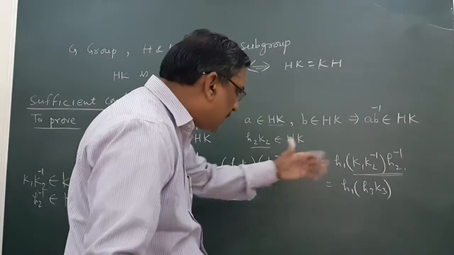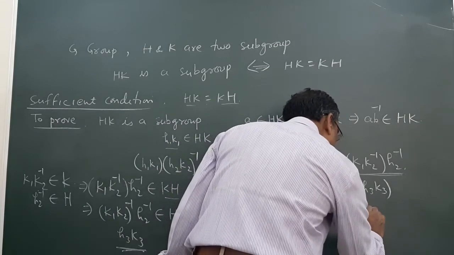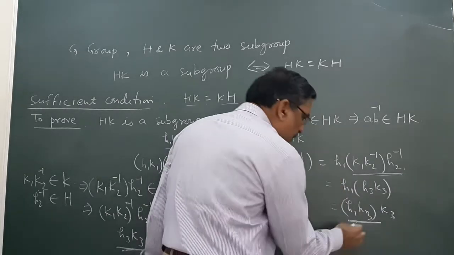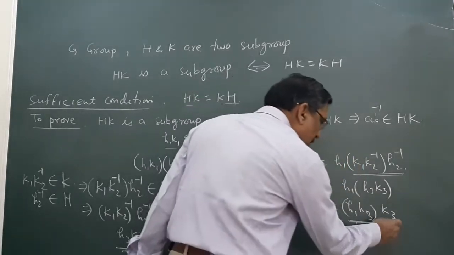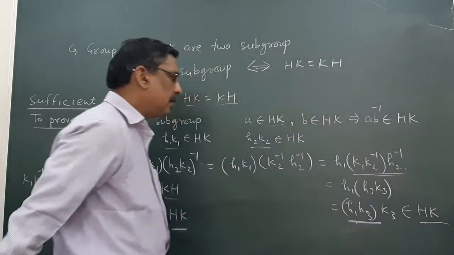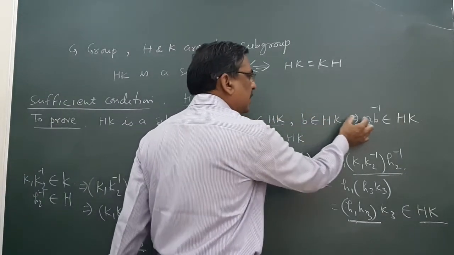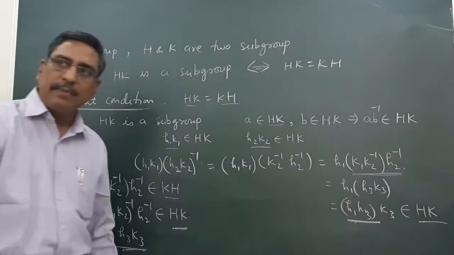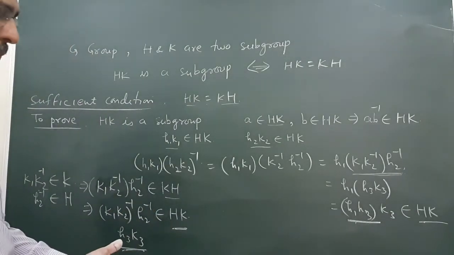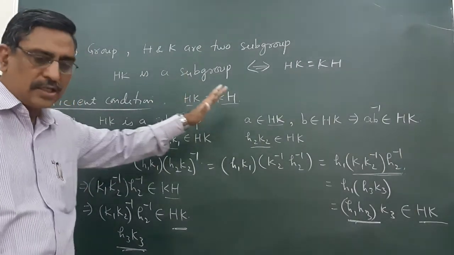Now H1 H3 belongs to H, and K3 belongs to K. It means this belongs to HK. Thus we have proved that if A belongs to HK, B belongs to HK, then AB inverse belongs to HK, which means HK is a subgroup. With the help of this result, we prove that HK is a subgroup.